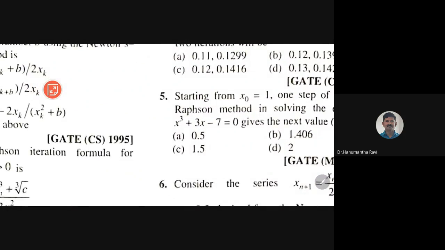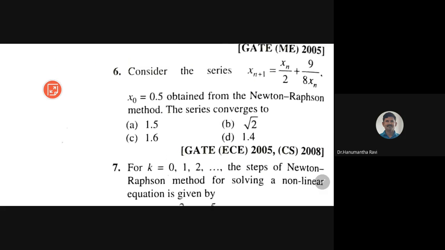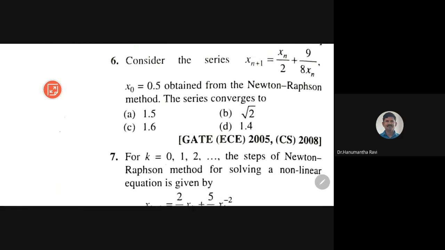So fifth is C. Now go to this one. What they are saying is the series converges to something.